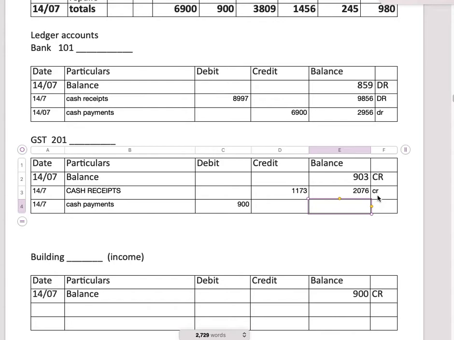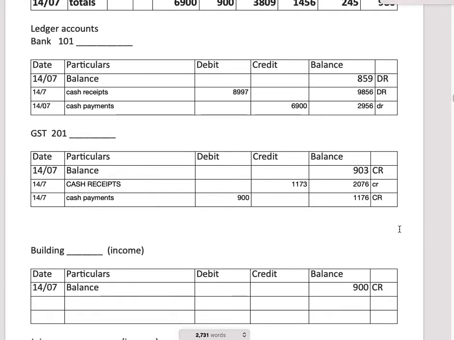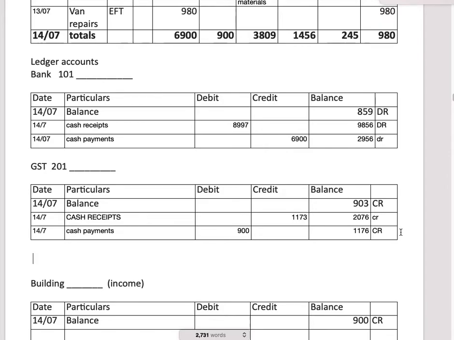So we're going to take away that $900, because if we think about it with GST, that's money that they can claim back against what they owe the government, because they have spent that money on things that they need in the process of doing their job, and they can claim that back. Okay, and we've got it. So that is your bank and GST accounts.